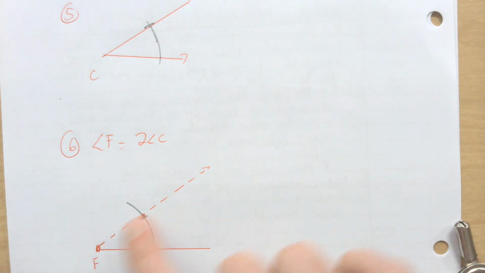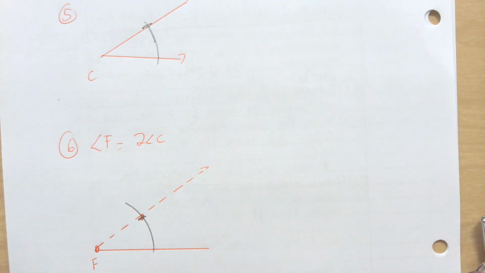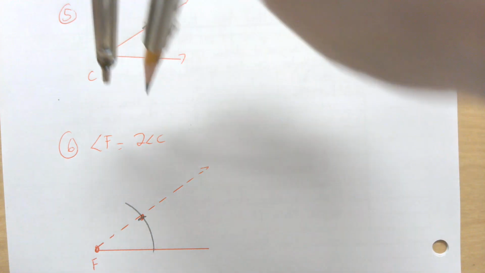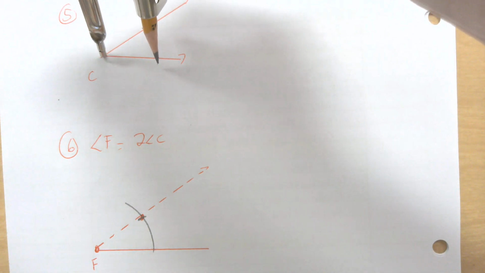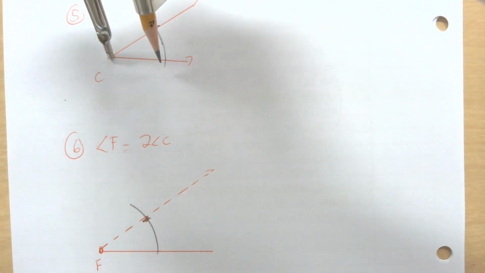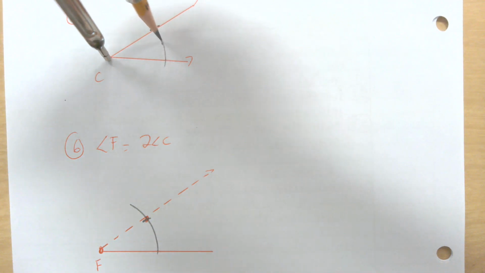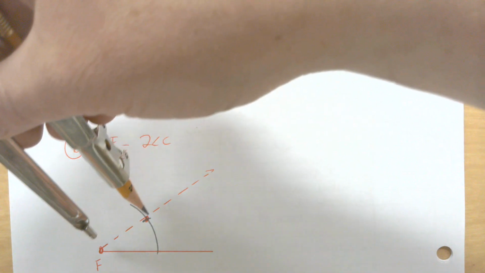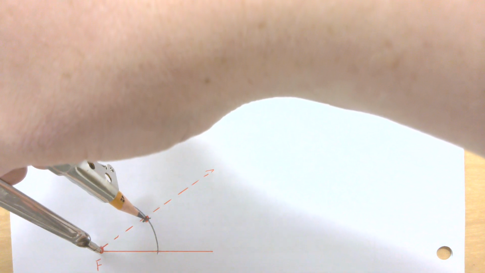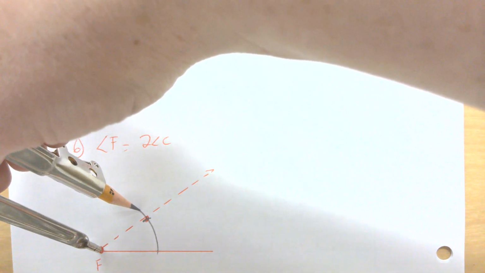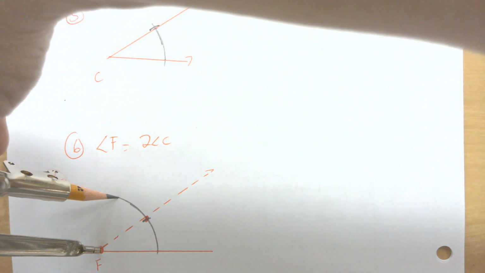So then we just treat this dashed line like our bottom angle and we copy C over again. So I take my compass and I get this measurement of the bigger arc that I drew. Then I put my pointer on F and I'm going to extend my arc.